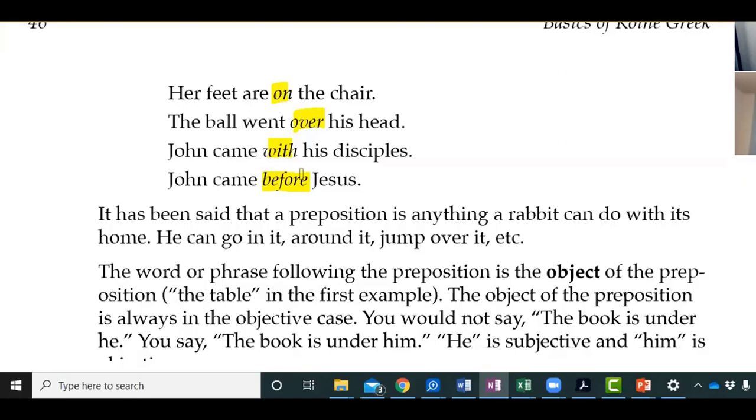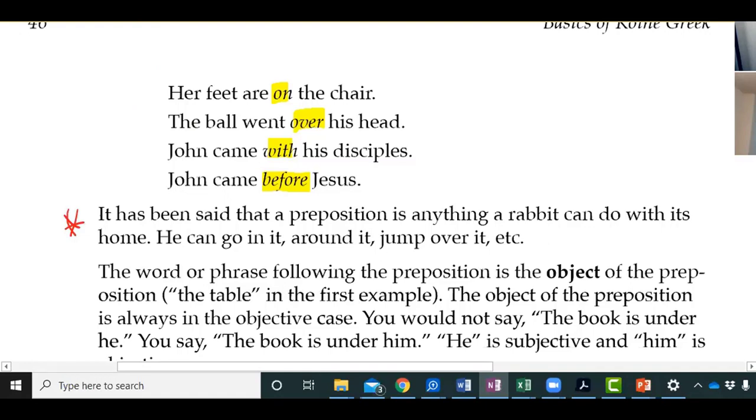Anyhow, John, not God. John came before Jesus. Now here, this is not spatial. The preposition is not a spatial preposition, right? This is a temporal one. It signifies the timing, and that's why when he says what he says next here, just take it with a grain of salt.